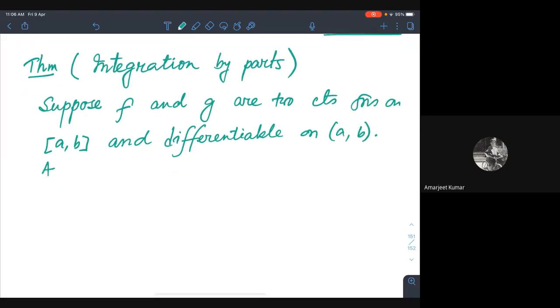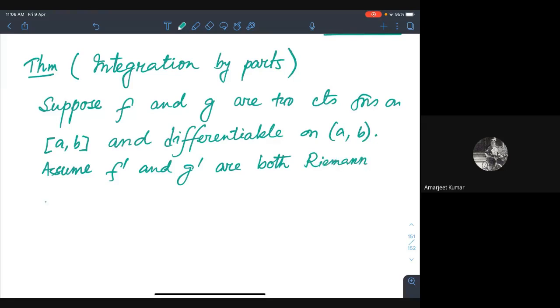I assume f prime and g prime are both Riemann integrable on the interval [a,b].